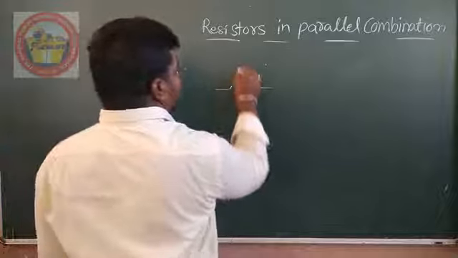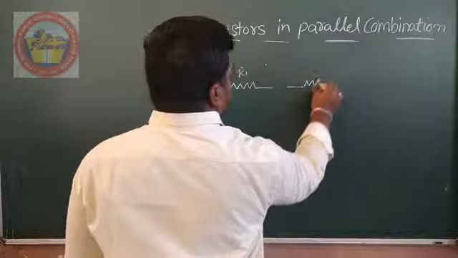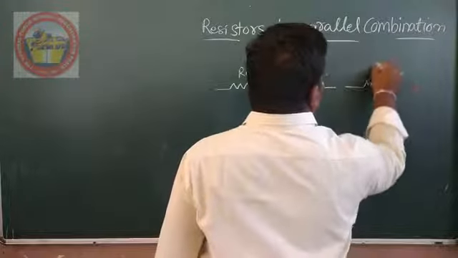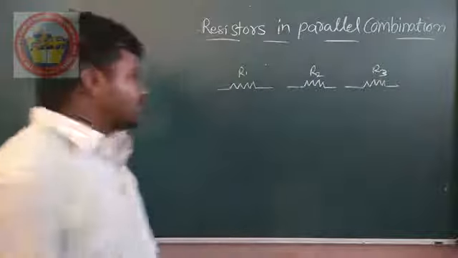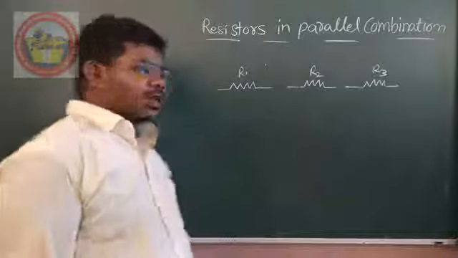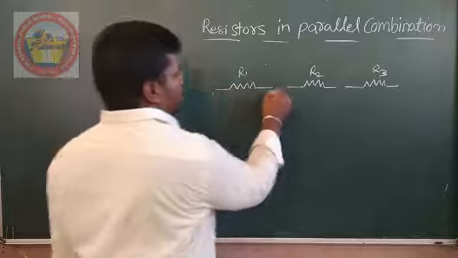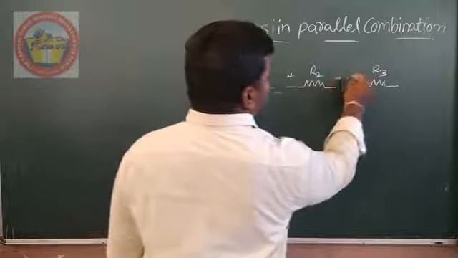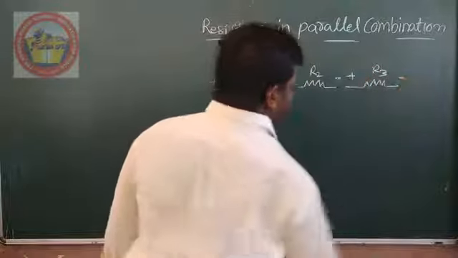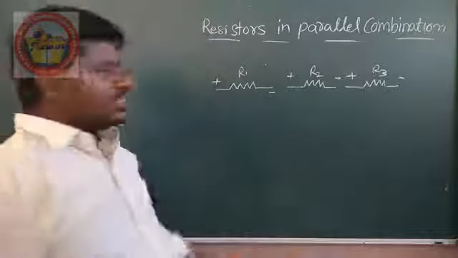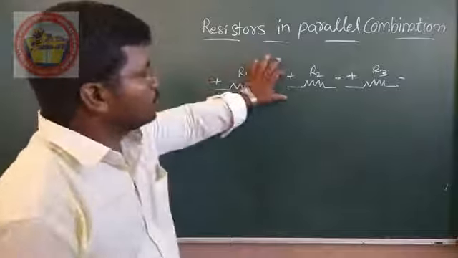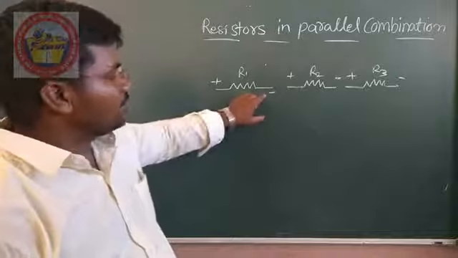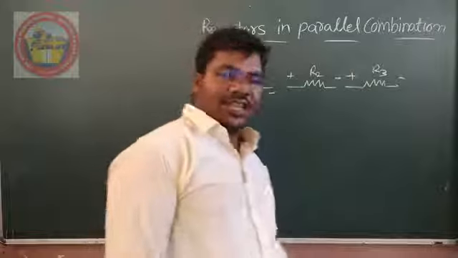Consider three resistors R1, R2, R3. These resistors have positive and negative terminals. According to parallel combination, all positive terminals of the resistors are connected at one end, and all negative terminals are connected at another end.